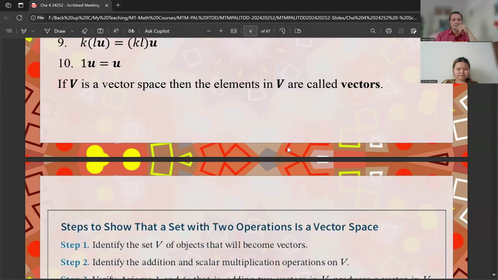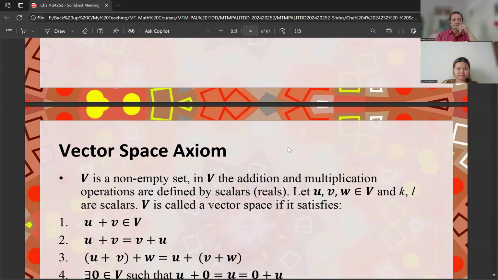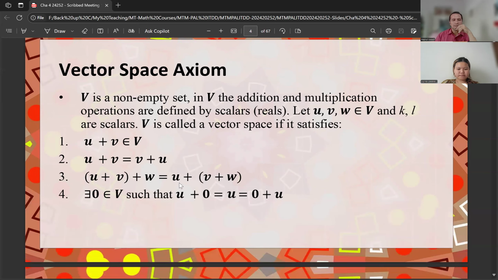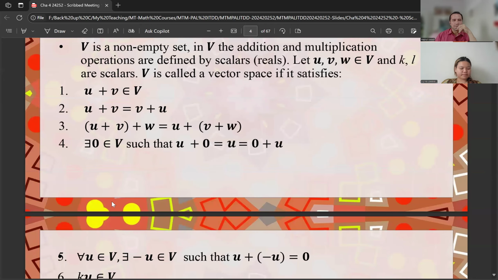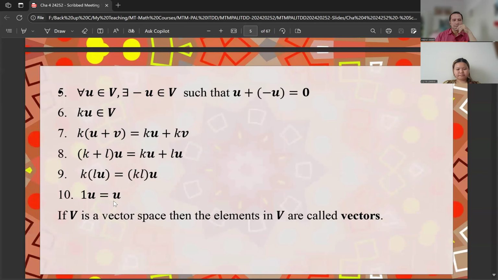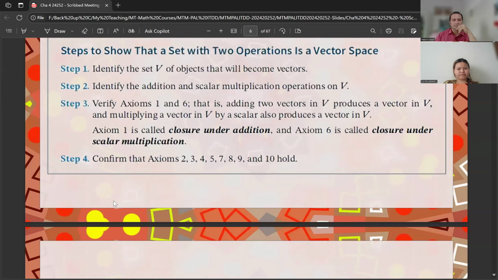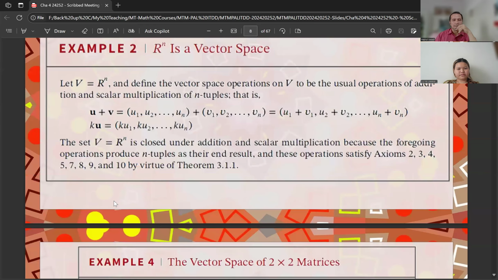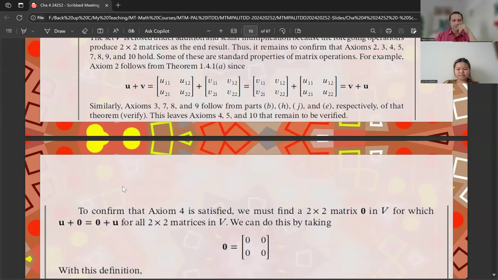A vector space is a set with two operations that fulfills 10 conditions, 1, 2, up to 10. Then we have already seen examples of a vector space or not a vector space.